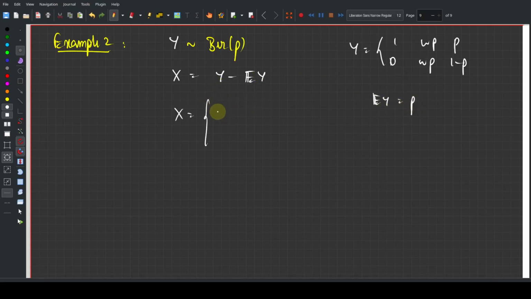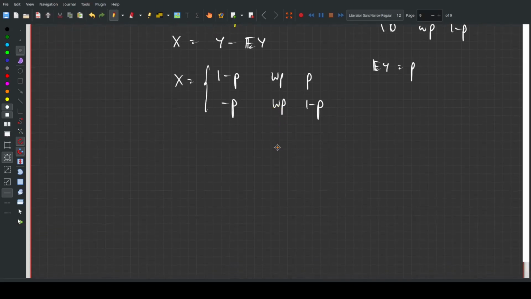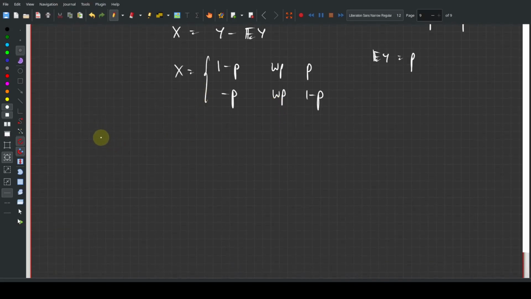So x is 1 minus p with probability p and it's equal to minus p with probability 1 minus p. Correct?